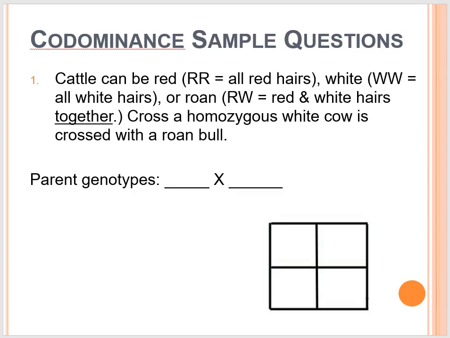What would be my possible phenotype outcomes? 50% white, 50% red and white spotted. Okay. Making some sense? You got to get past that red and white makes pink, black and white makes gray. Doesn't always work that way in genetics.